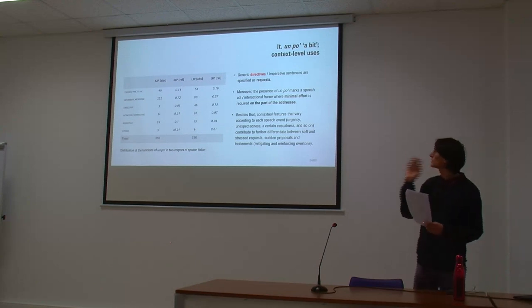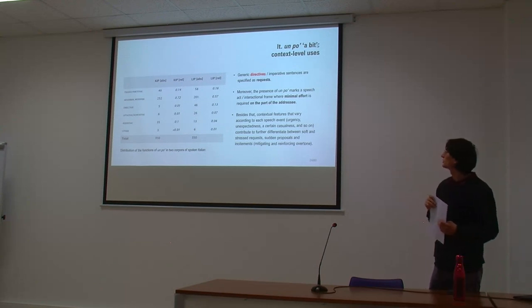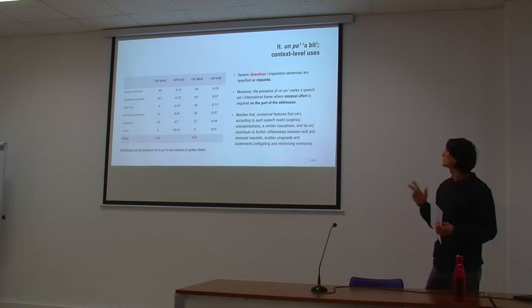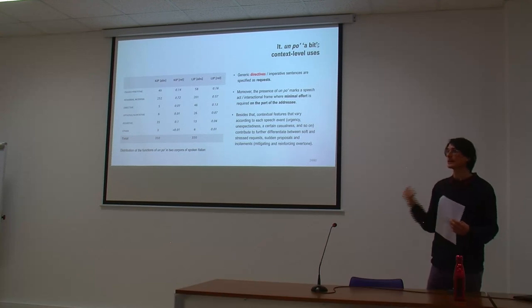On the right side, there is just an overview of the functions expressed by un po'. We saw that it can appear in directive speech acts, which are specified as requests. And moreover, the presence of this particle contributes to mark a speech act or interactional frame where a minimal effort is required on the part of the addressee.